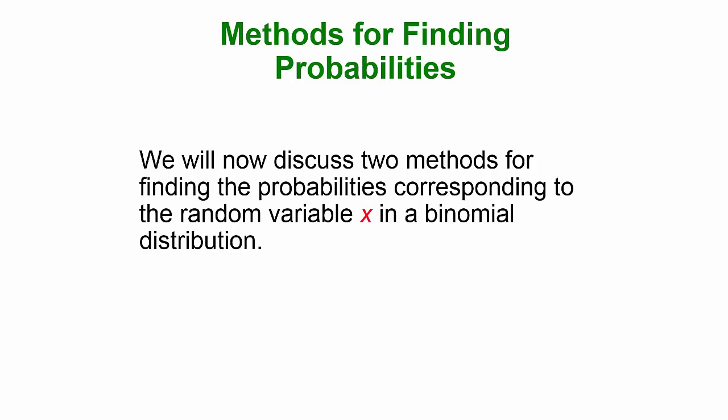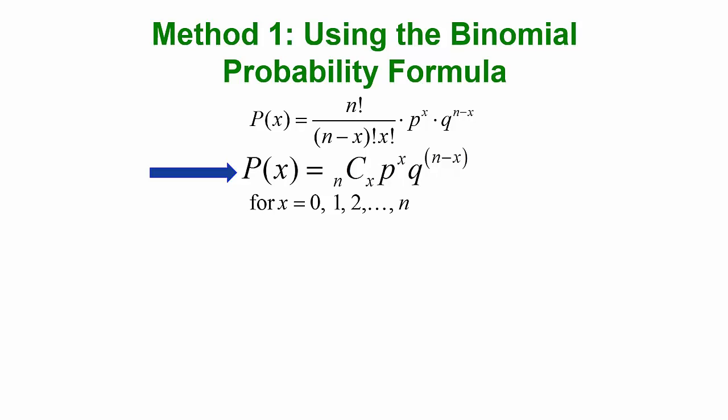We will now discuss two methods for finding the probabilities corresponding to the random variable x in a binomial distribution. So we can use this method of the binomial probability formula. This is a formula that you'll need to know. P of x is equal to nCx times p to the x times q to the n minus x.